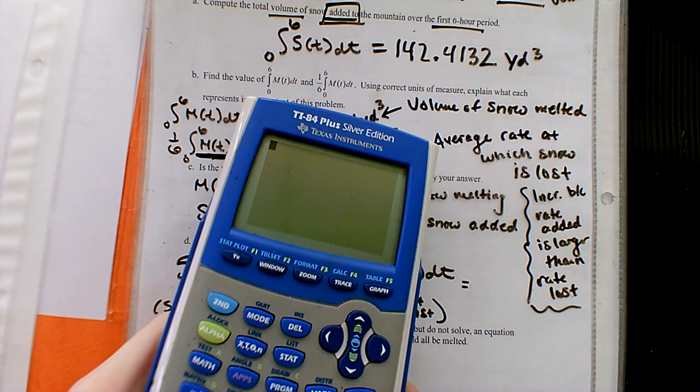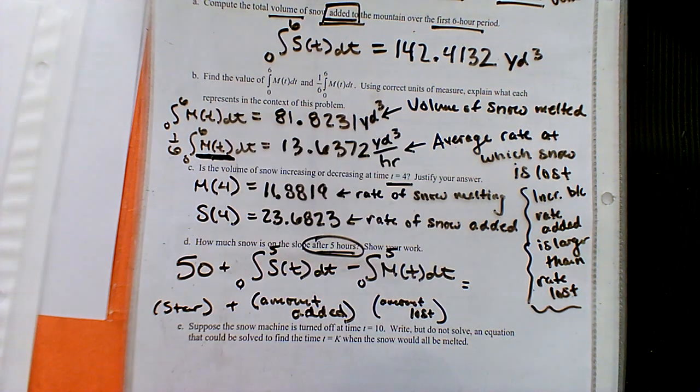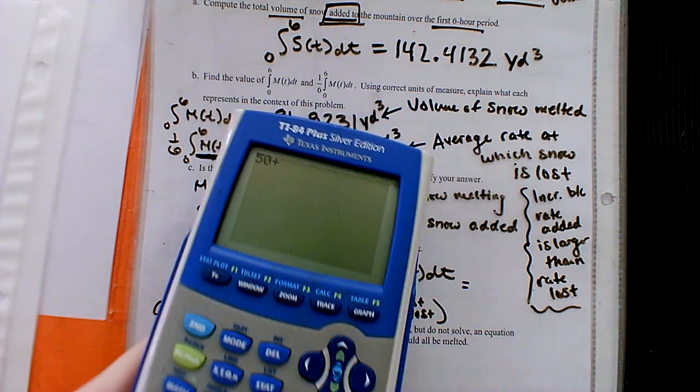So we're going to do 50 plus. You could type it in all at once, or if you want to do one at a time and then add or subtract them, that's fine.